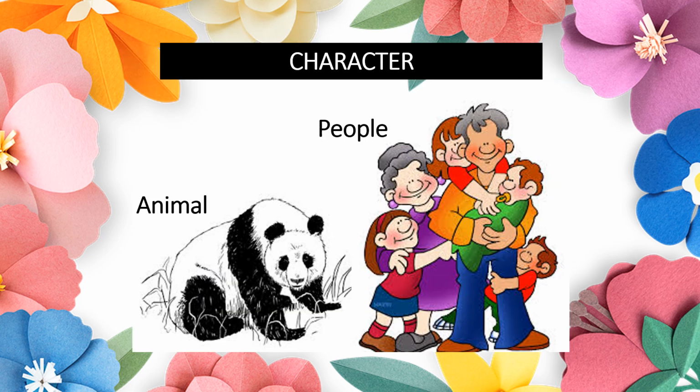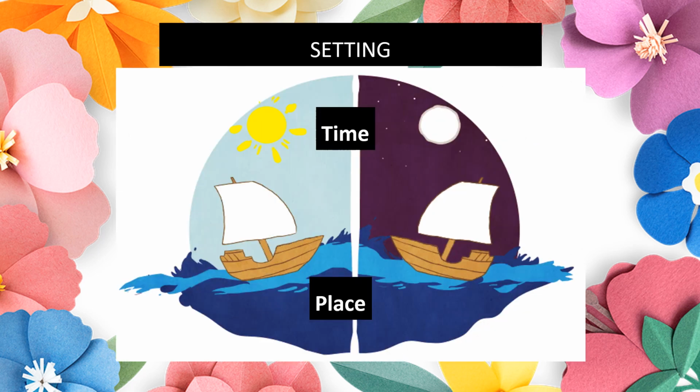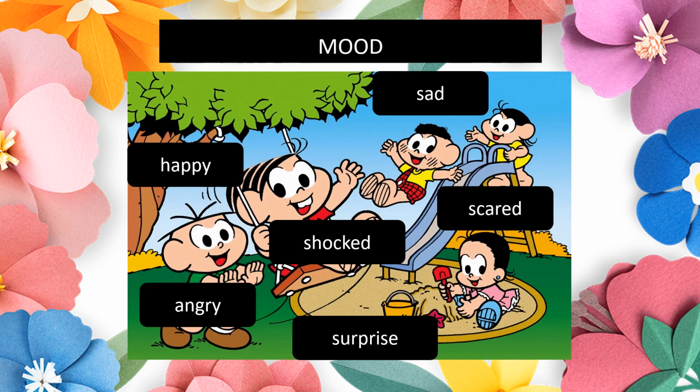Now, what are characters? We can talk about people or animal. How about setting? Okay, the setting talks about time and place. We are going to talk about time and place more in the next slide. Next, we also have mood.